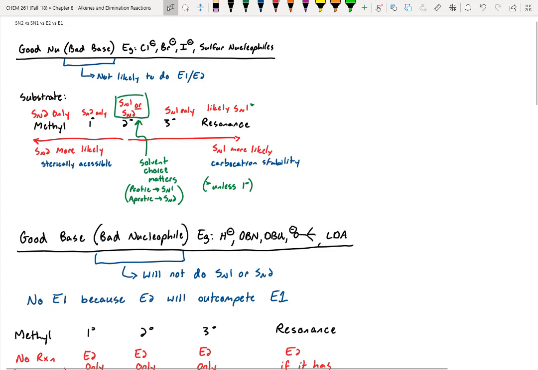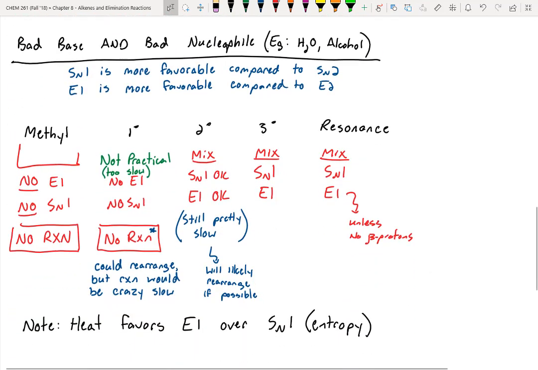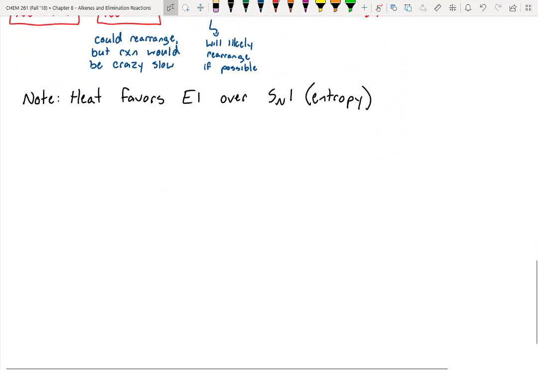Oh, because these are bad bases, they're just really not going to be very aggressive about stealing a proton. The acid-base chemistry is going to be slower than the substitution. Okay. So that's the key thing I pointed out, is bad base just means it's very unlikely that it'll do either elimination. We're down here, we said that they're a bad base, but they can still do a little bit of acid-base chemistry. These are better bases than the halides, if that makes sense. Yeah. All right, so heat favors E1 over SN1.